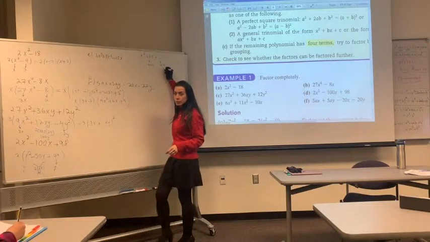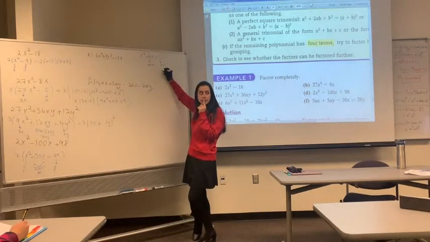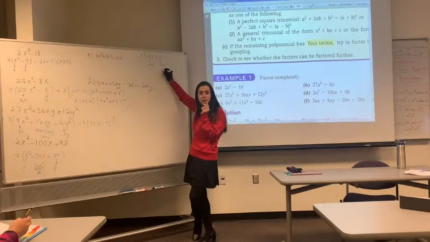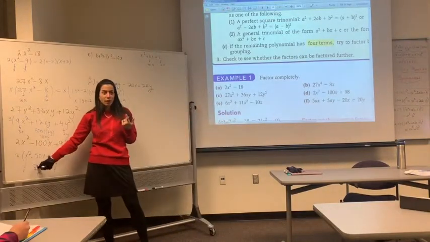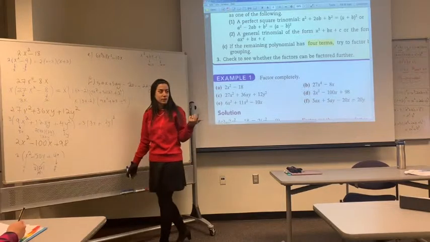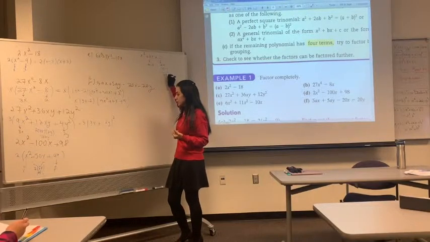So we should find two numbers that multiply each other to give us 49, which is 49 and 1, right? 49 multiplied by 1 gives us 49. If we add them, probably I'm going to get the mid part, 50.